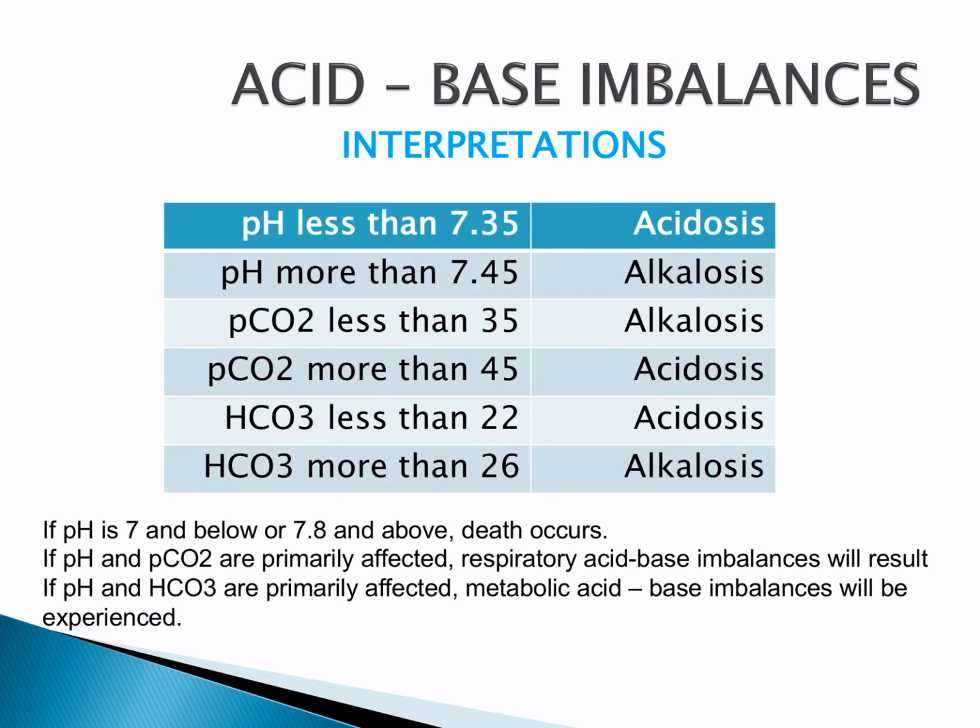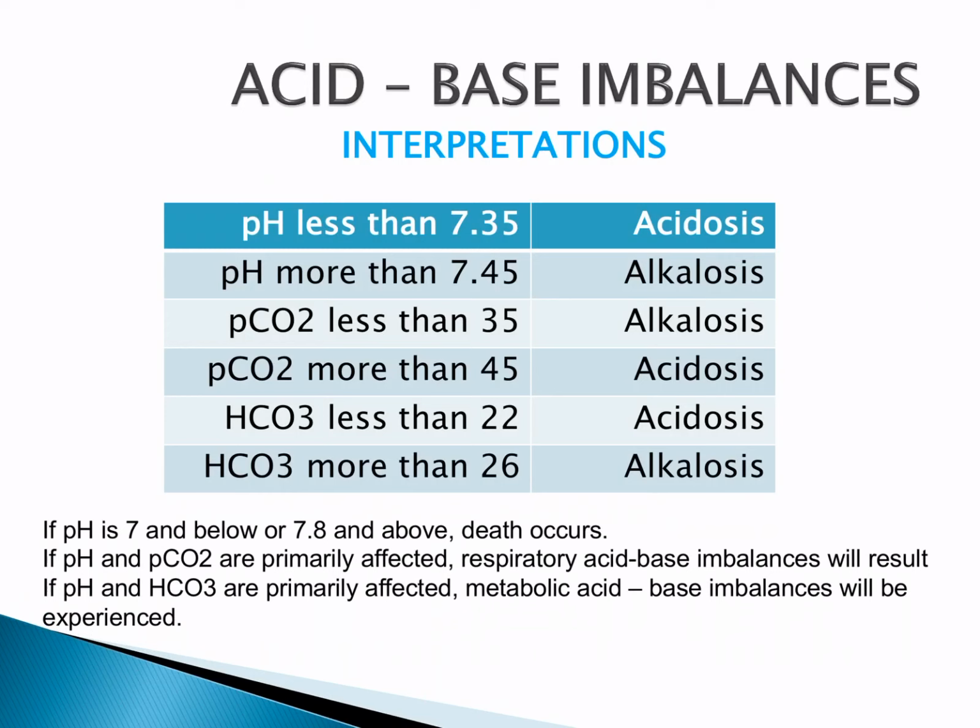So if pH is 7 and below or 7.8 and above, death occurs. Okay, that's a very dangerous value for your pH. So be mindful. If it's below 7 or above 7.8, that could cause death of your patient.